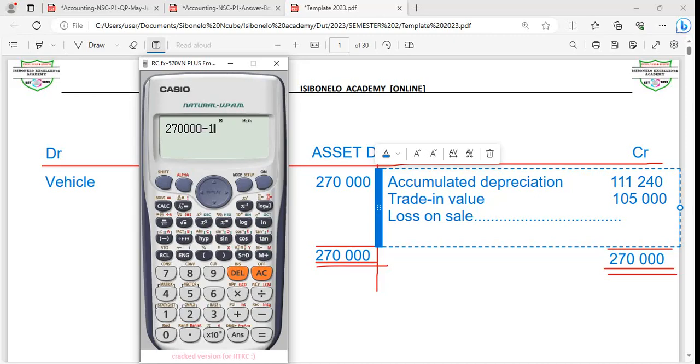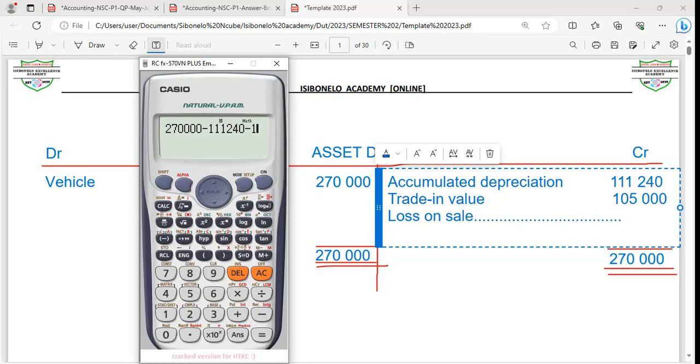My calculator is a bit slow, so let me use the one that I have here. Let me punch this in. We have 270,111 240 minus 105,000.